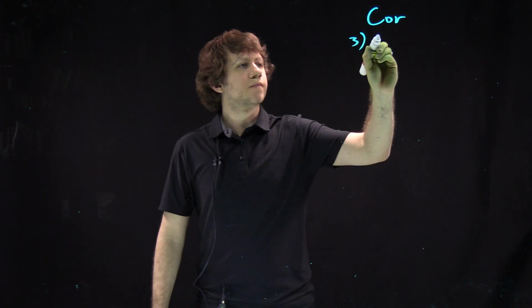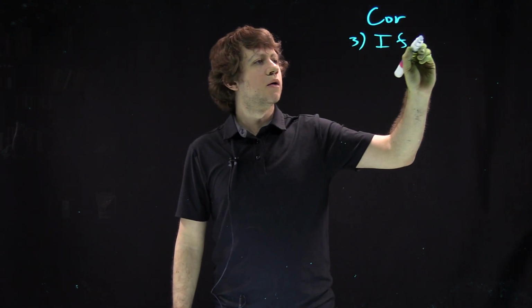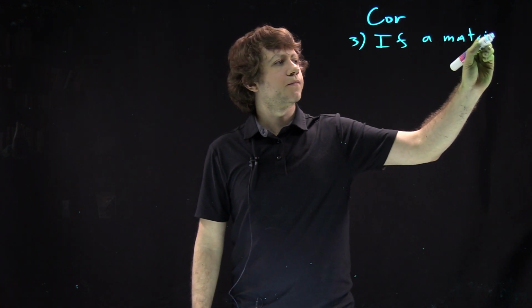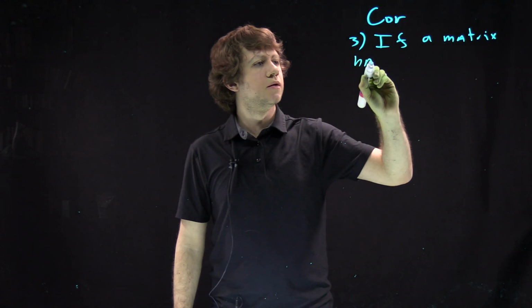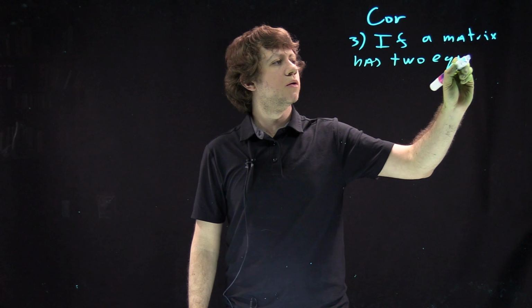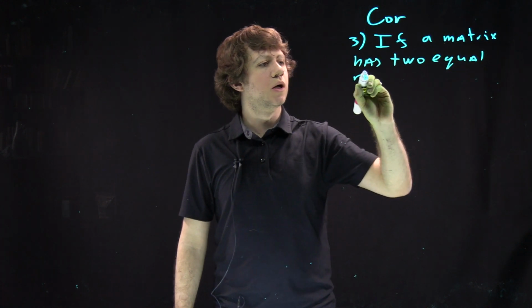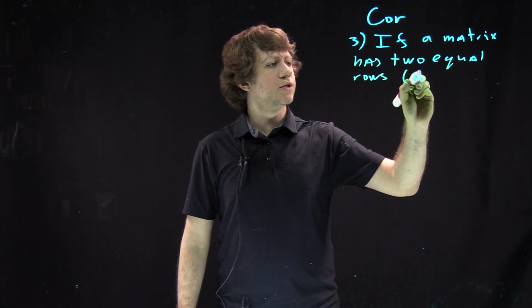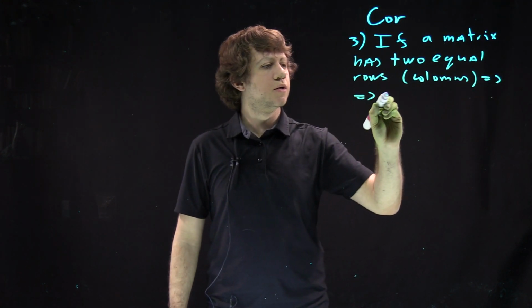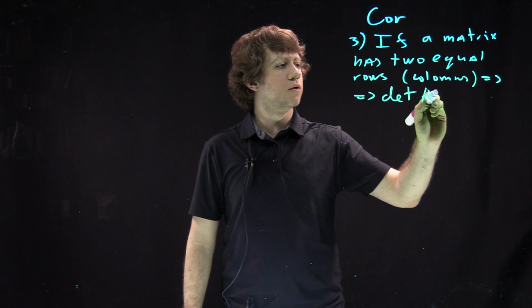If a matrix has two equal rows or columns, then the determinant is equal to 0.